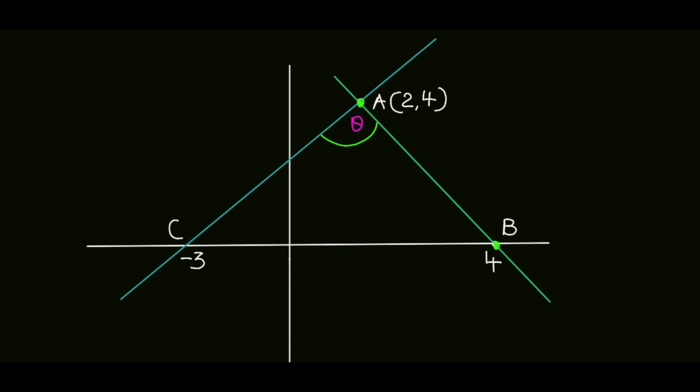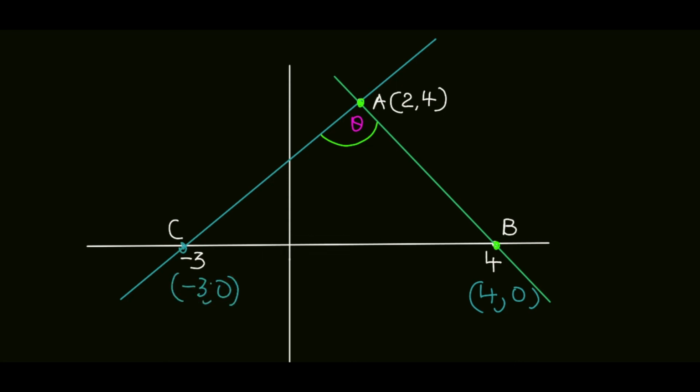Remember the coordinates are in terms of x and y, and what is important here is that this point is on the x-axis. Remember on the x-axis the y coordinate is 0. So this point is 4 and 0, and this one is -3 and 0.